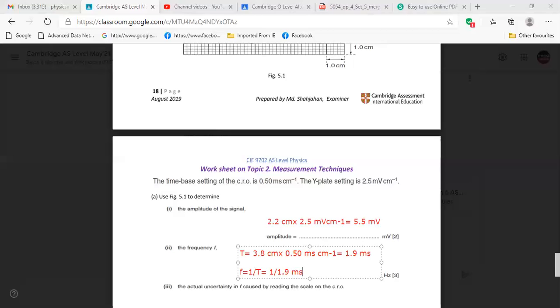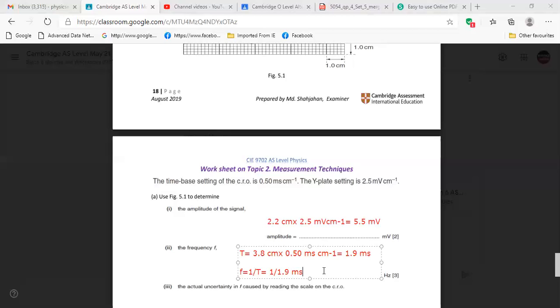Because you have to divide, right? 1 by 1.9. It is 5.26 times 10 to the power minus 4. Not minus 4. I said 1 by 1.9 multiplied with 1000. Then it comes what?